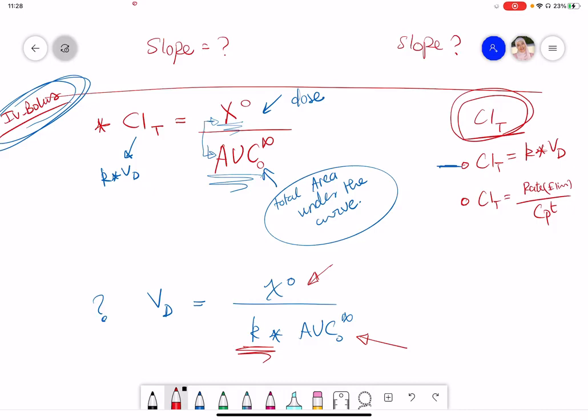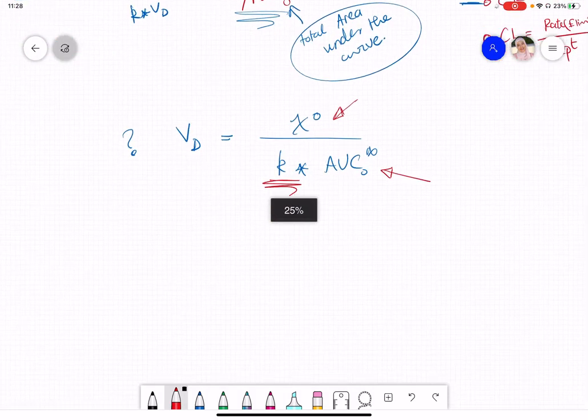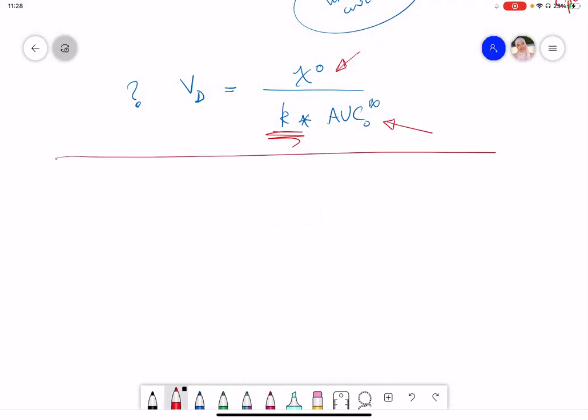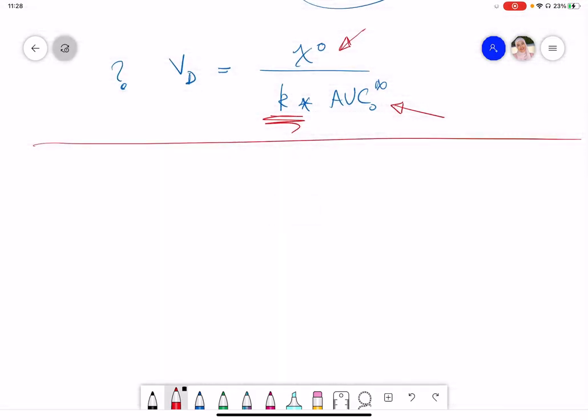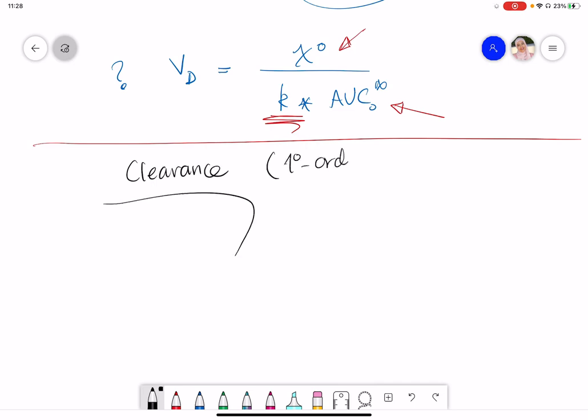So in this class, we had a lot of information related to clearance in general, and more specifically for the IV bolus, under first order kinetics. Until this point, for first order or linear kinetics, we have different parameters that are constant.